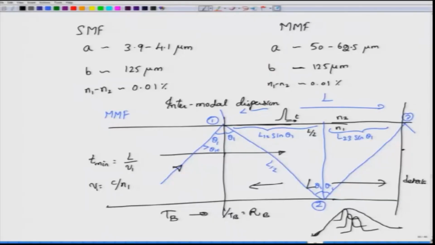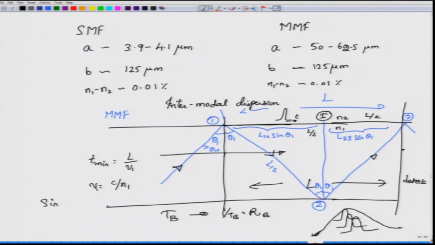If I assume that the distance between 1 to 3 is L and there is symmetry, then from 1 to some intermediate point I, these are not very nicely labeled, please excuse that, the length from 1 to I is L by 2, and the length from I to 3 is another L by 2. The actual length the ray propagates to get from 1 to 3 is L12 plus L23. And what is L12 in terms of L by 2 and sin theta?